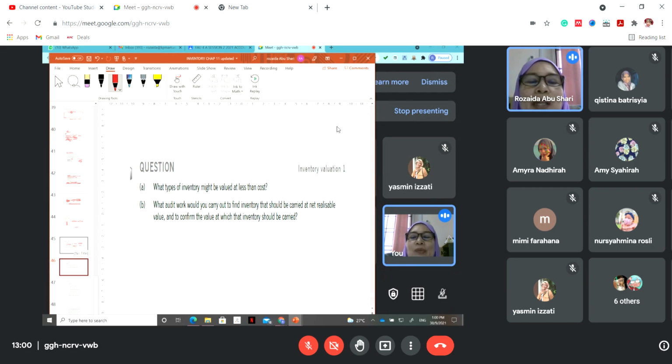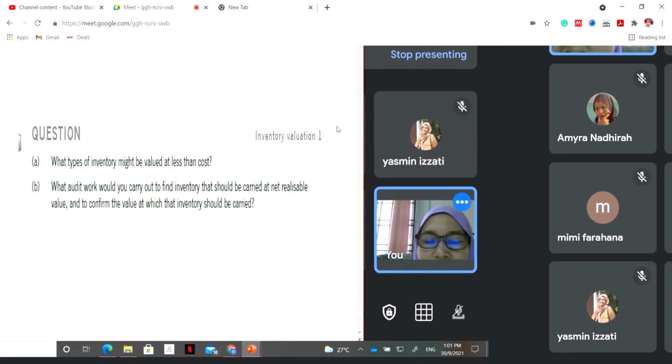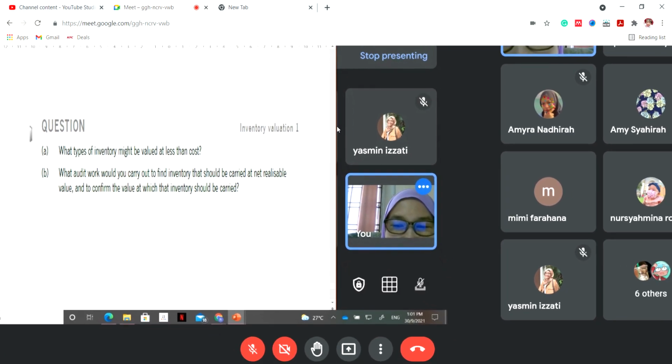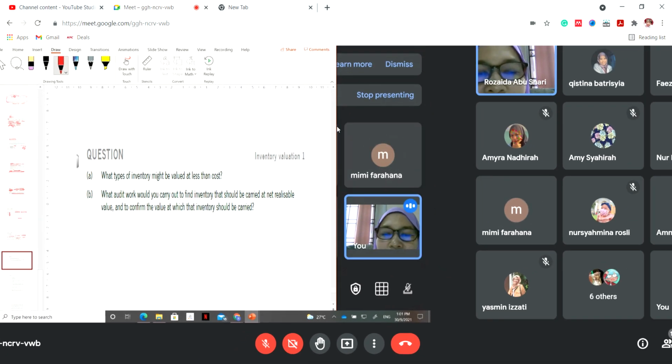What type of inventory might be valued at less than cost? I want just one answer. Yasmin answered earlier. Mimi? What type of inventory might be valued at less than cost? Compare NRV with cost, so it means it takes the NRV. What type of inventory?